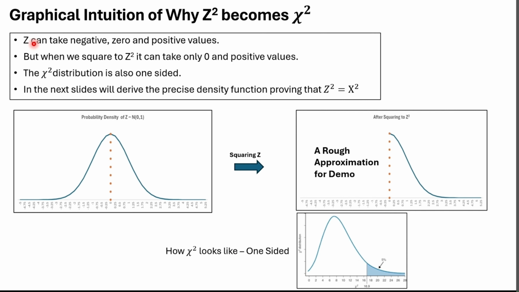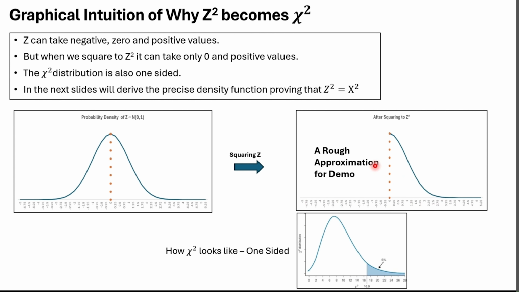Now, z can take negative, 0, and positive values. When we square z, here you can see the negative values, 0 and positive, but when we square them, you won't have anything negative after squaring. It all becomes 0 or positive.